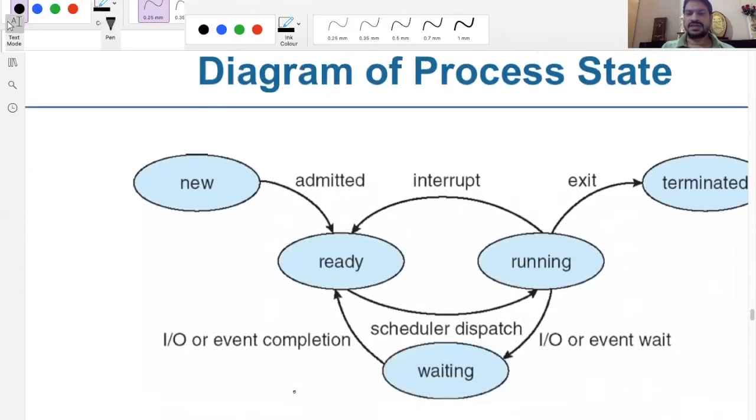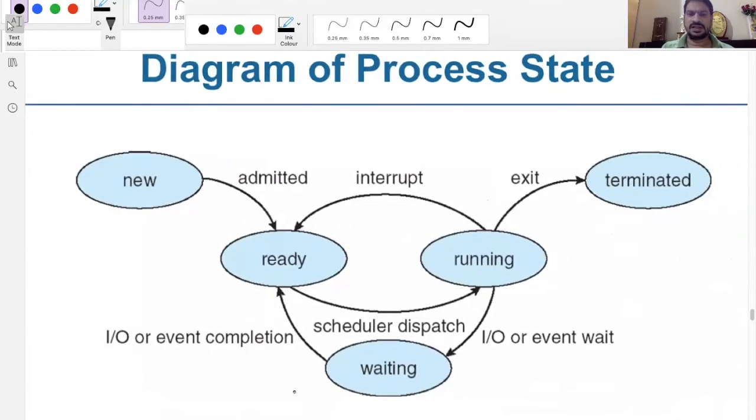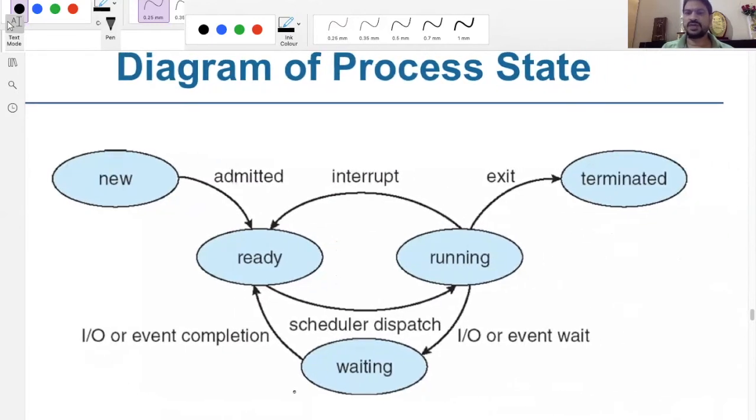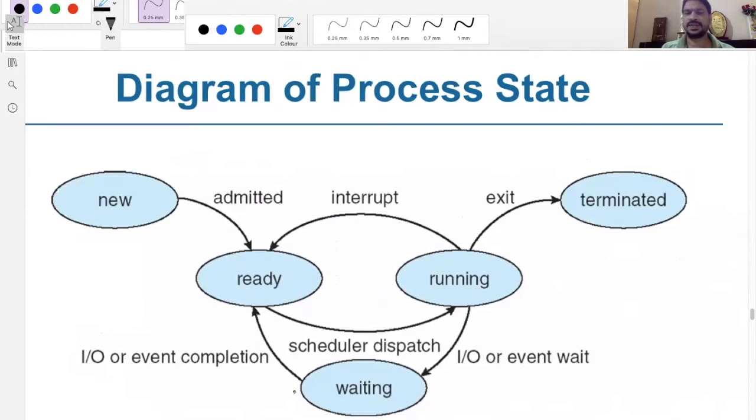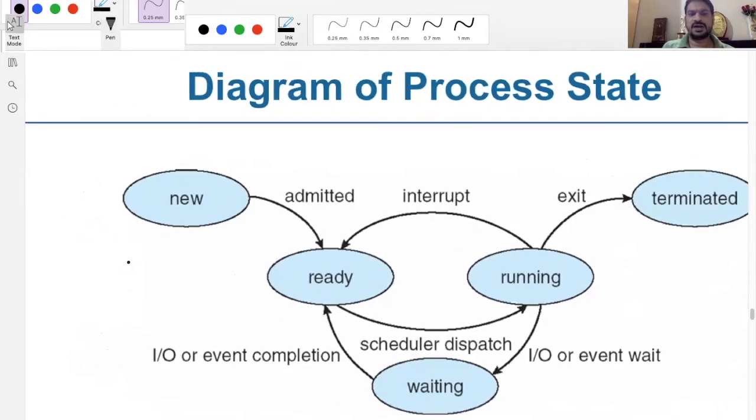Here we have a simple state transition diagram, or you can say a process state diagram for a process. So first of all, when a process is created, it will be in a new state. New state means it is there in the secondary memory, not in the main memory.